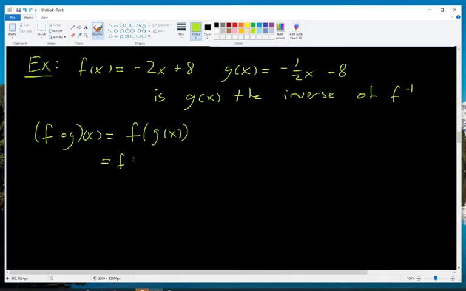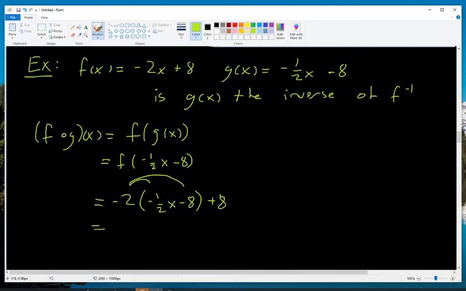This is f of g of x. So this is the f function evaluated at g of x, which is negative 1/2 x minus 8. So this says go to the f function where the x was, and replace it with this stuff here. So the x is being replaced with negative 1/2 x minus 8. And we can say, all right, what's this going to simplify down to? We distribute the negative 2.